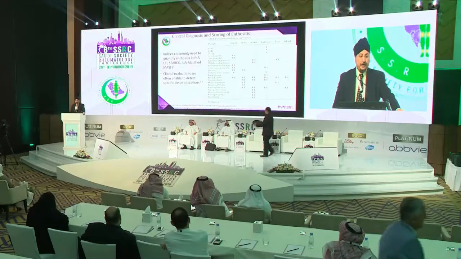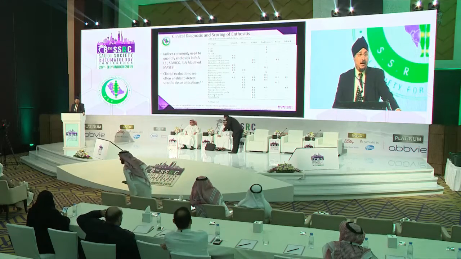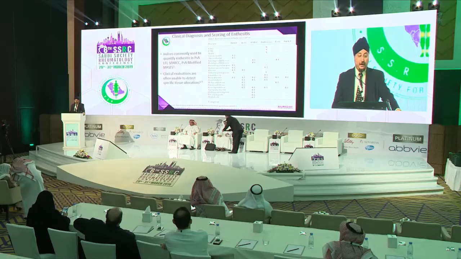The next question we ask ourselves is, now we know enthesitis is important, but how do I measure it, and how do I measure it in psoriatic arthritis? From the world of ankylosing spondylitis or axial SpA, we have a variety of indices, which first started with the Mander index. If you remember, Mander was a really unfeasible index with a whole lot of things to press, and this was quickly dispensed with.